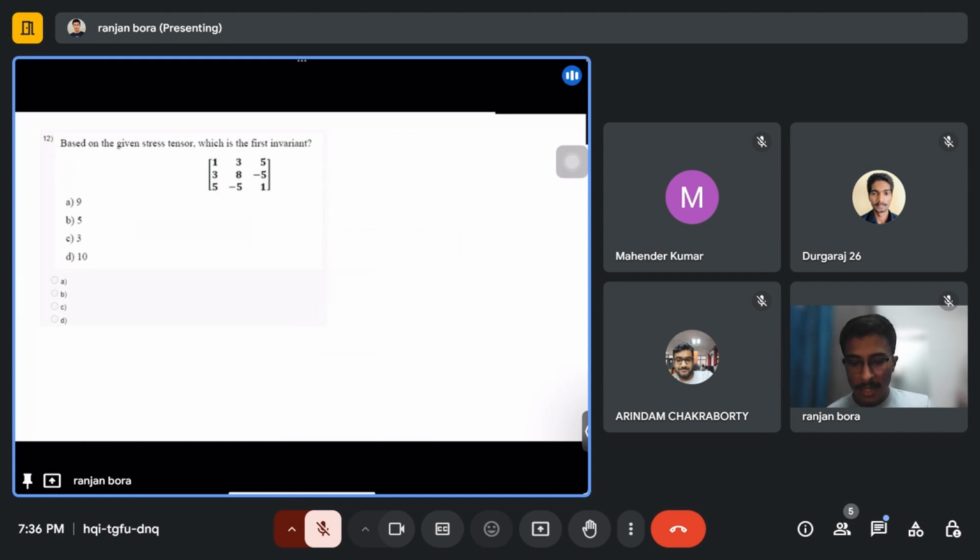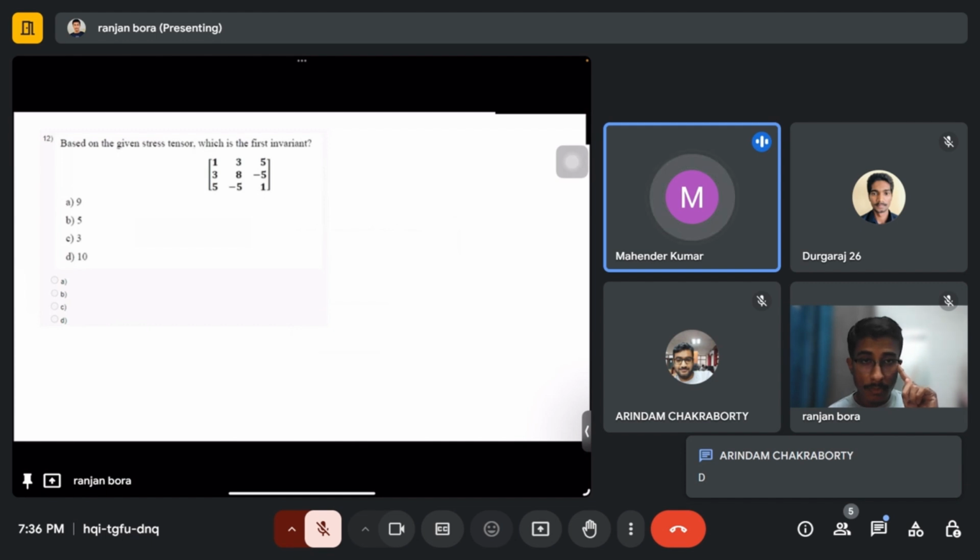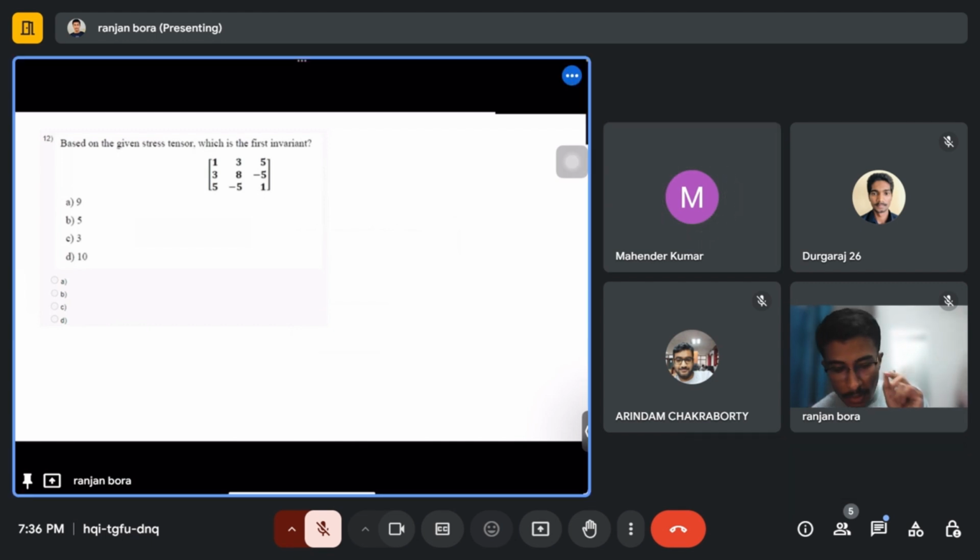Based on the given stress tensor, which is the first invariant? Please explain this. See, first invariant, we have seen what the first invariant is.